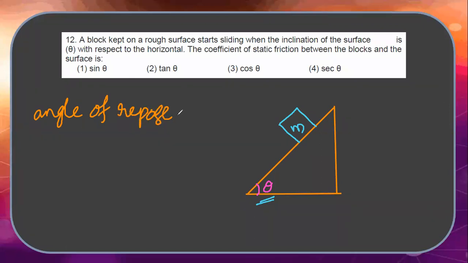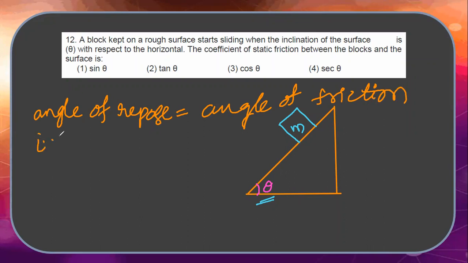Angle of repose is equal to angle of friction. That is, tan of the angle of friction or angle of repose, tan phi or tan theta. Therefore, the coefficient of static friction between the block and the surface, mu s, is equal to tan theta.